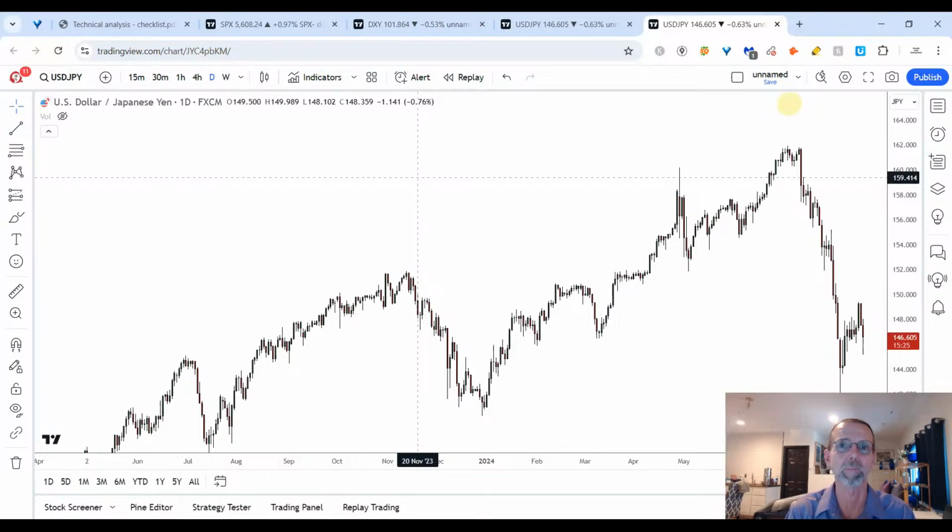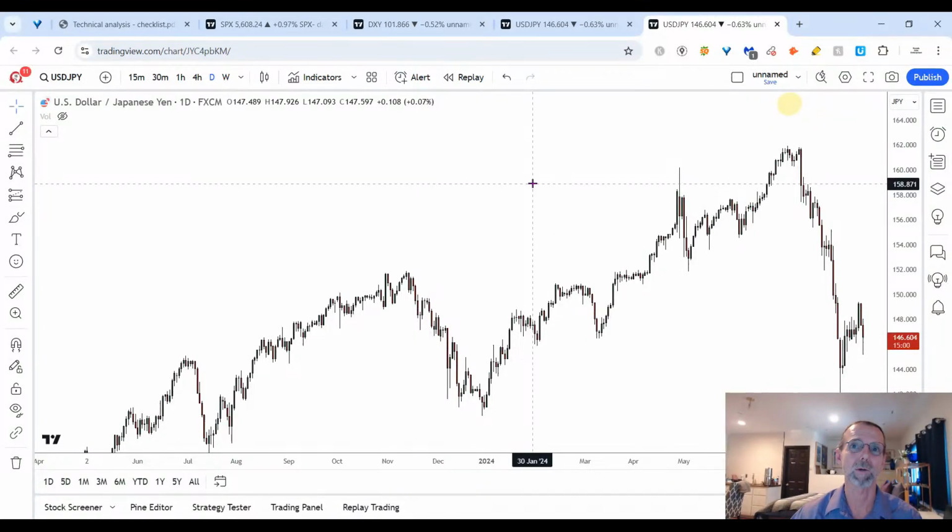The U.S. dollar in the financial markets is actually a basket of 6 currencies, and it's the euro, the yen, Swiss franc, Canadian dollar, and I'm pulling a blank on the other ones off the top of my head. Key ones are the euro and the yen.